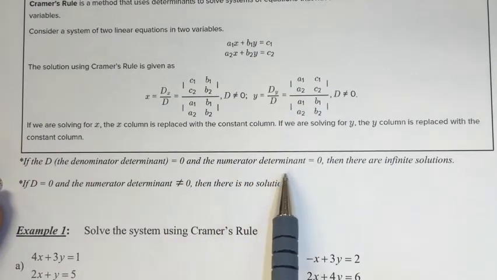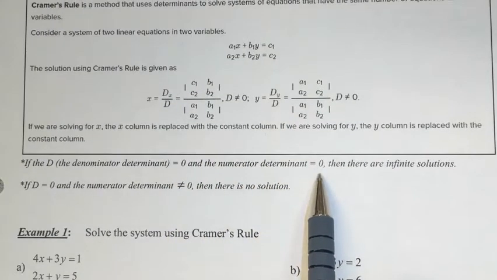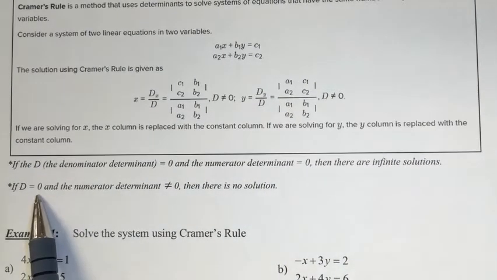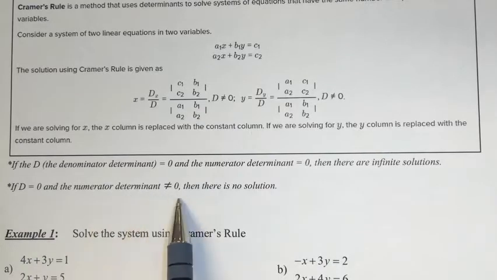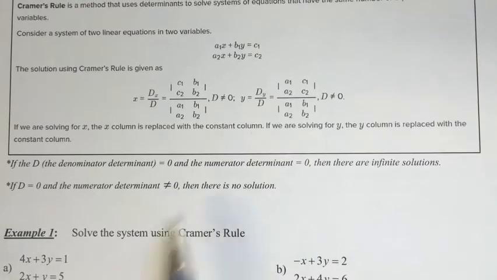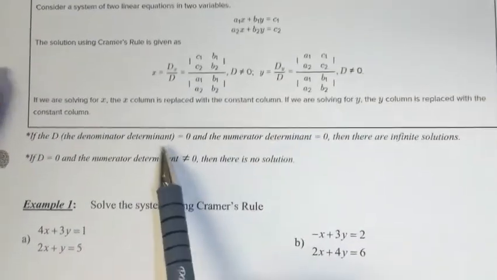So if the denominator determinant does equal 0 and the numerator determinant does equal 0, we're going to have infinite solutions. If the denominator determinant is 0 and the determinant of the numerator does not equal 0, then there's no solution. So if the bottom is 0 but the top is not, no solution.